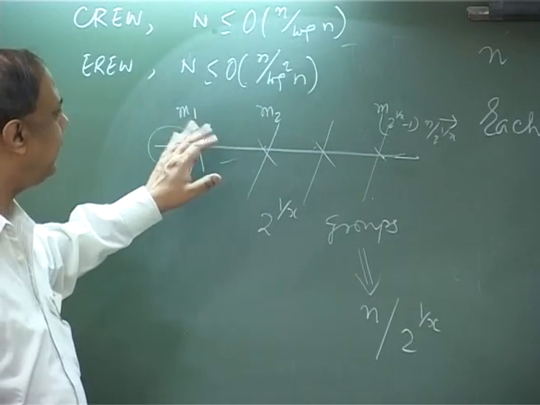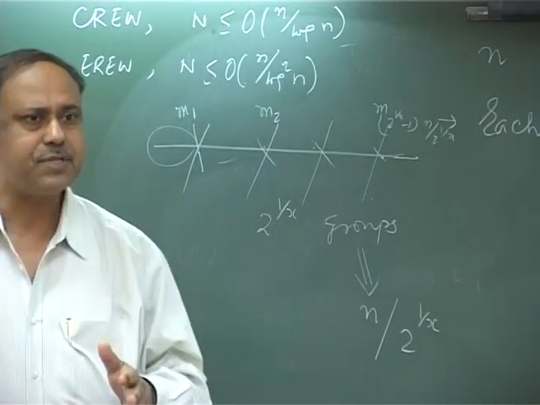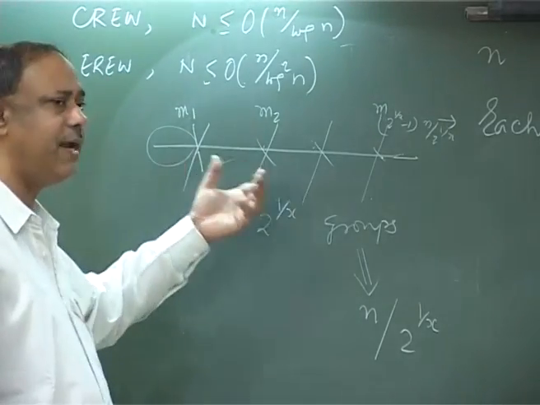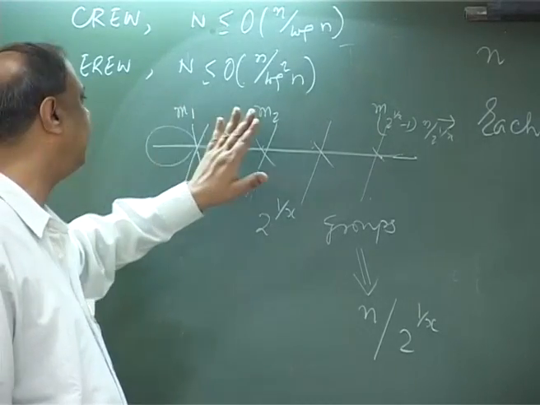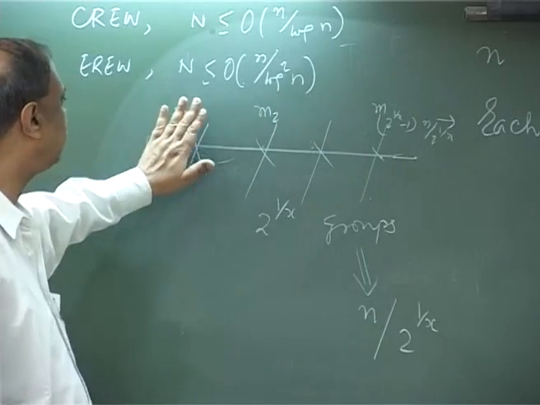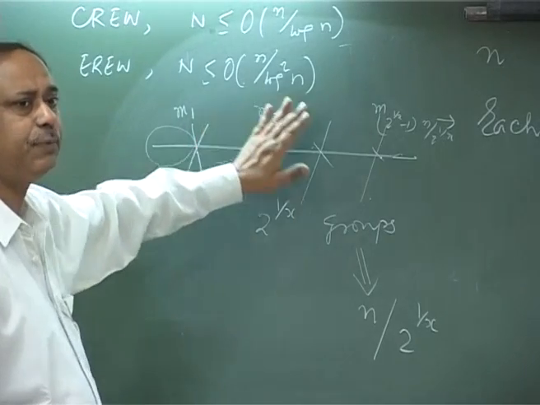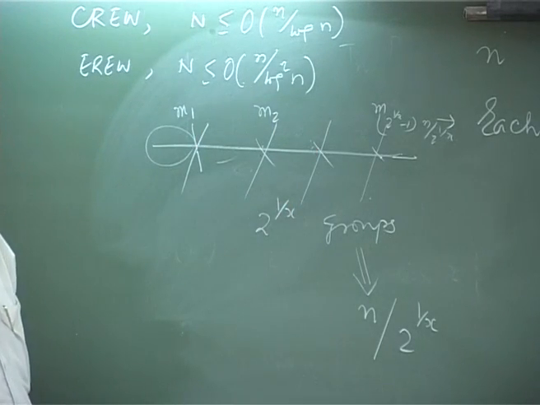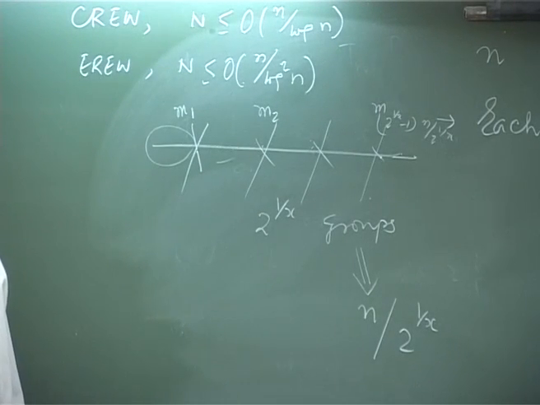Once you find the Ms, you can use these Ms to bring from S the elements which are smaller than M1 on this side, larger on that side, and so on, so that these groups satisfy the property that all these elements are smaller than these elements, and so on. As we did in the case of finding the kth element on the EREW model. Agreed? Is it okay? Yes.